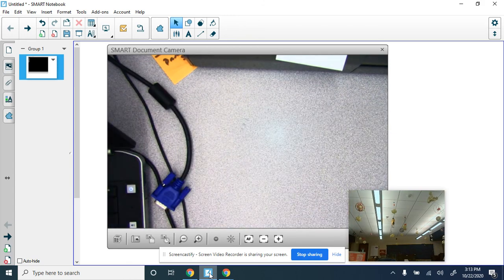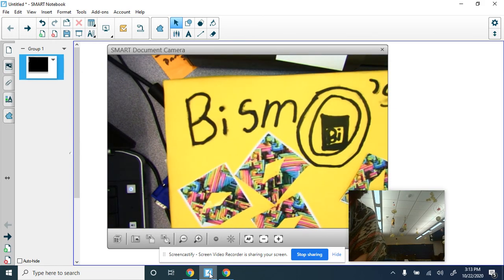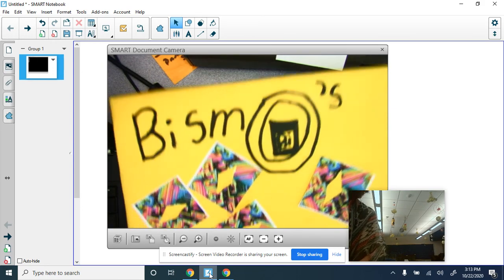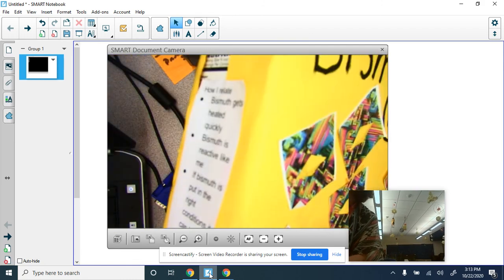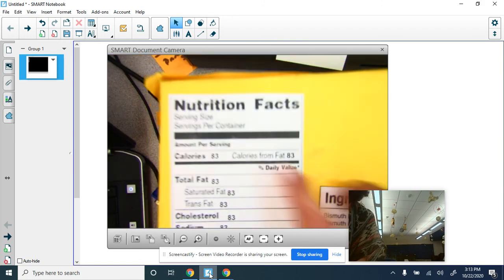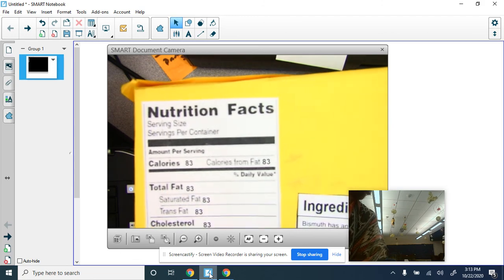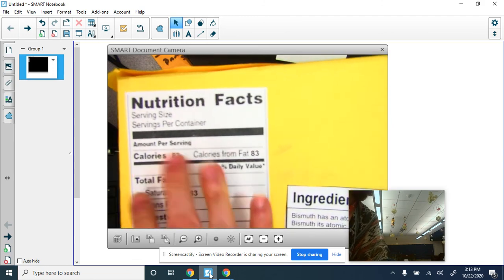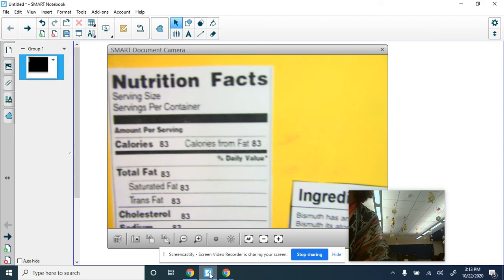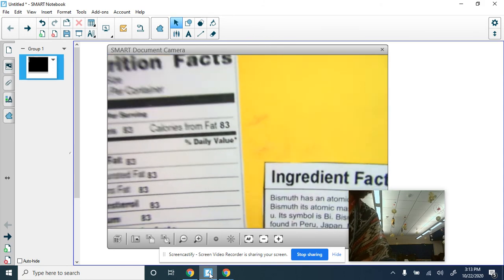We had a student that made, I thought this was really creative, a cereal box. So we had Bismos for bismuth, how he related to it. The nutrition facts had the numbers that were the atomic mass, the atomic number.